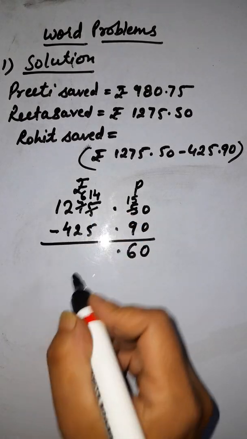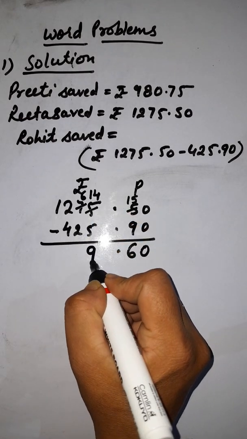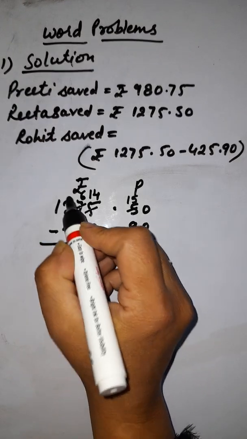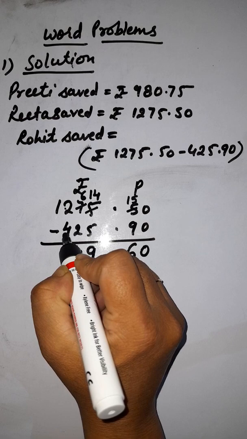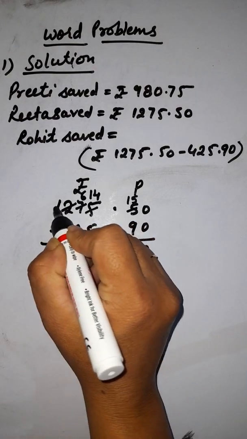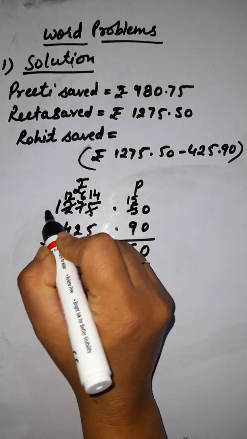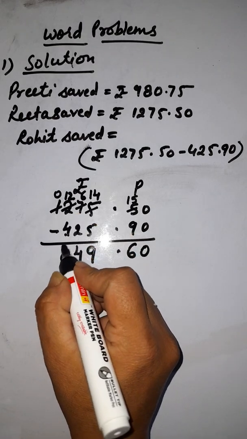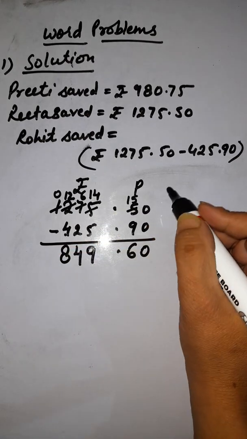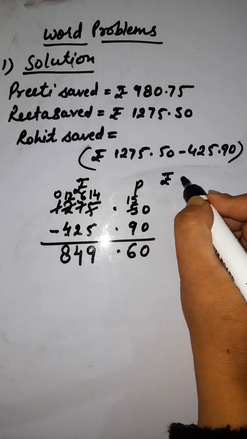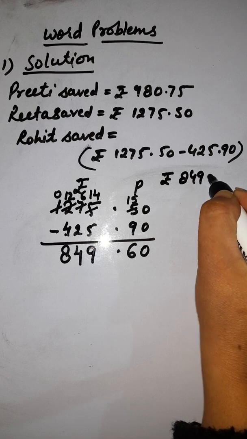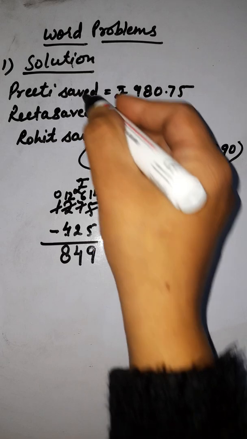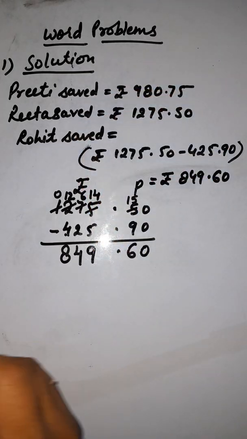Now 5 from 14 will get here 9, and 2 from 6 will get here 4. Here 2 is also smaller than 4. So it will take 1 borrow from here, become 12. Here is 0. Now 4 from 12 will get here 8. So Rohit saved rupees 849 and 60 paise.